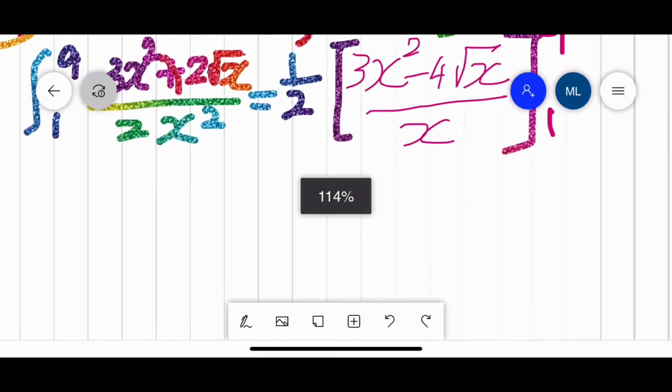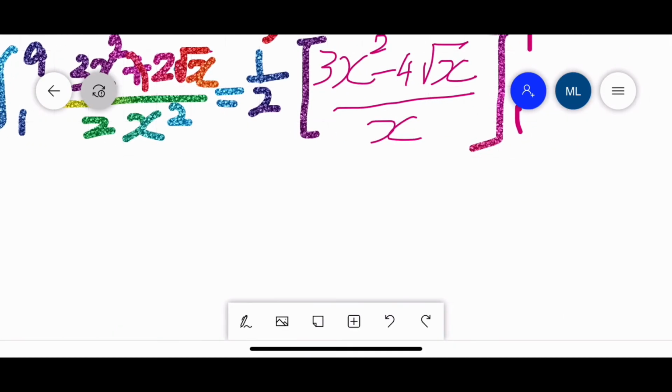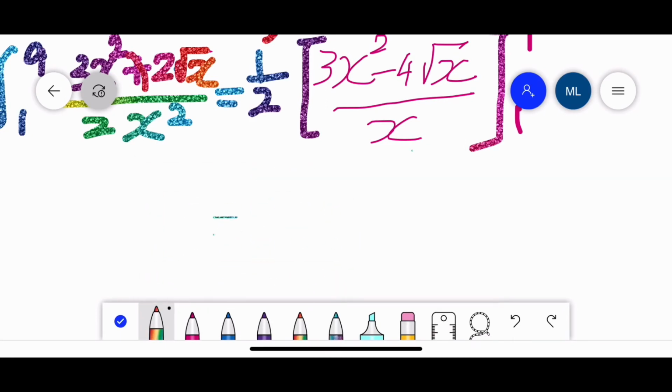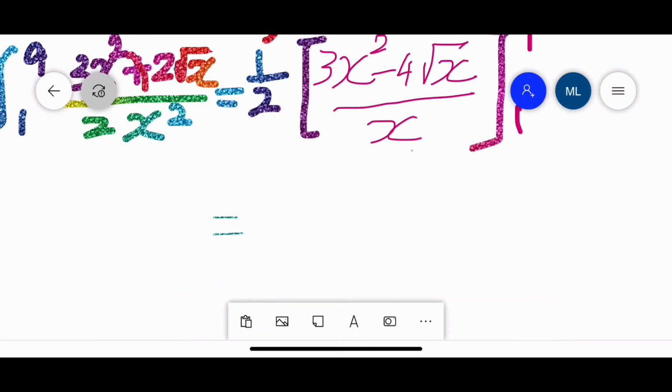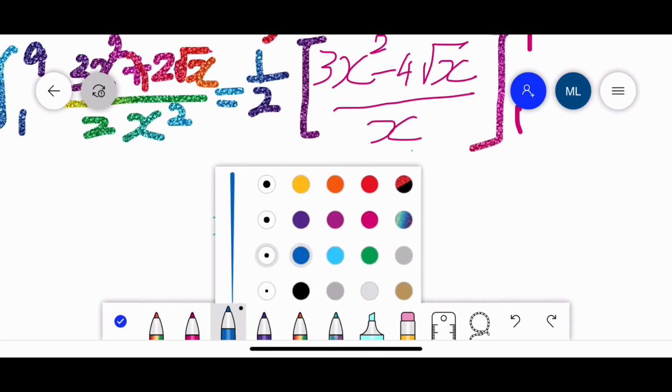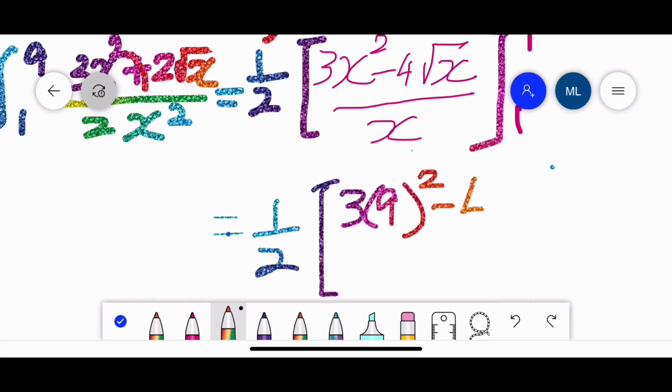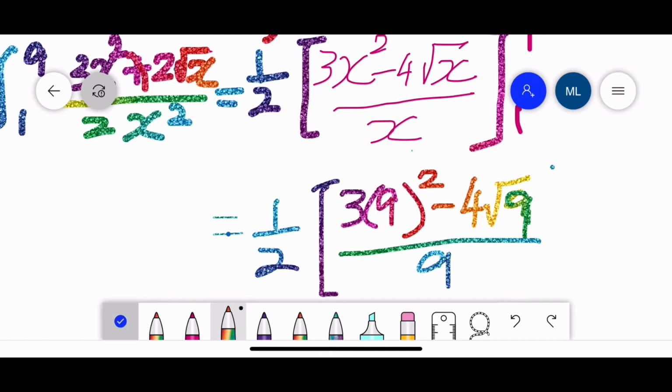When you substitute, you must substitute the upper limit first and then minus the lower limit. Be careful for integration, because you need to do upper limit minus the lower limit. If possible, try to use a bracket so that you won't make mistakes. So we have 1 over 2, 3 times 9 squared minus 4 square root 9, which is just a nice number, you will get 3, over 9, is the x substituted with 9.